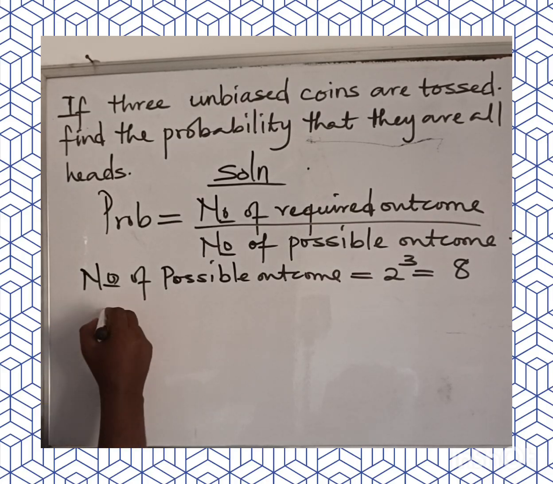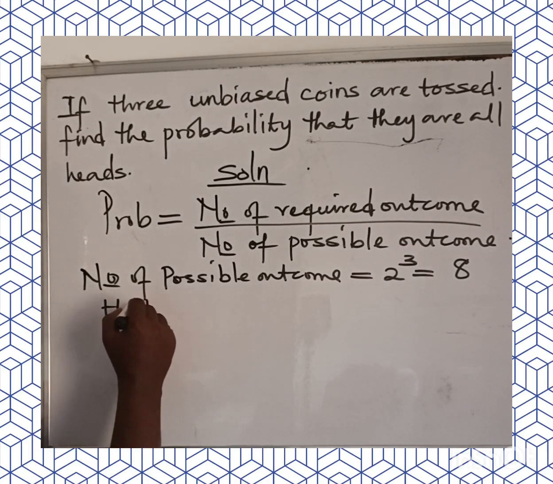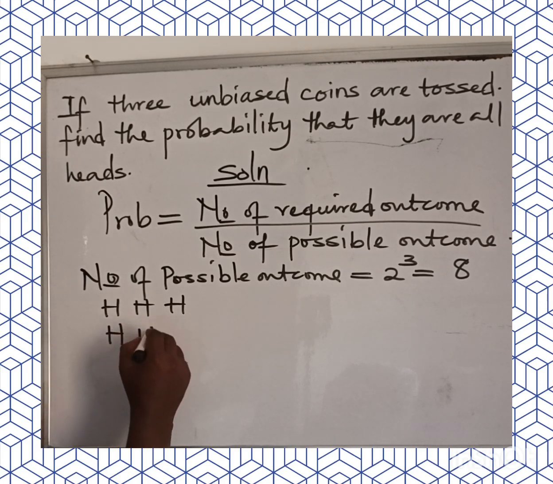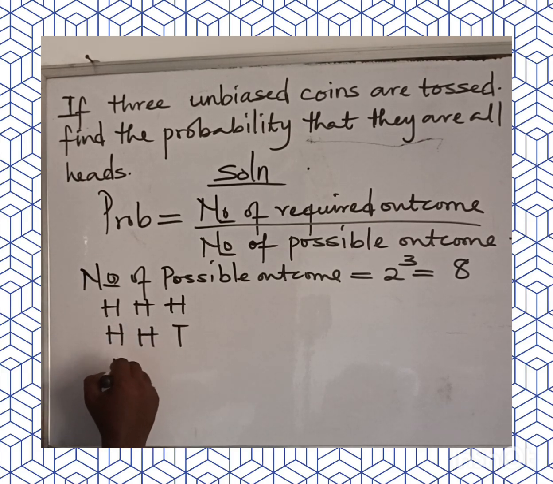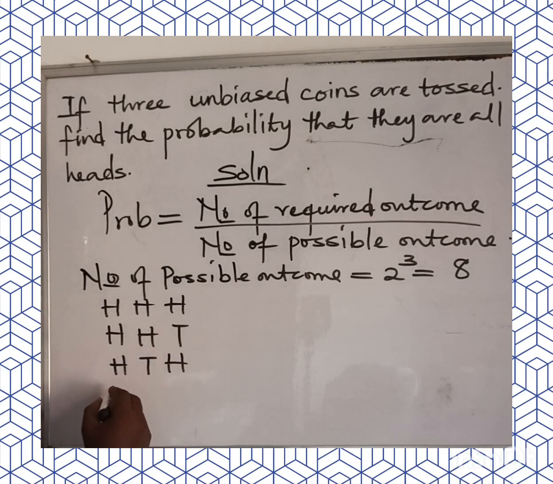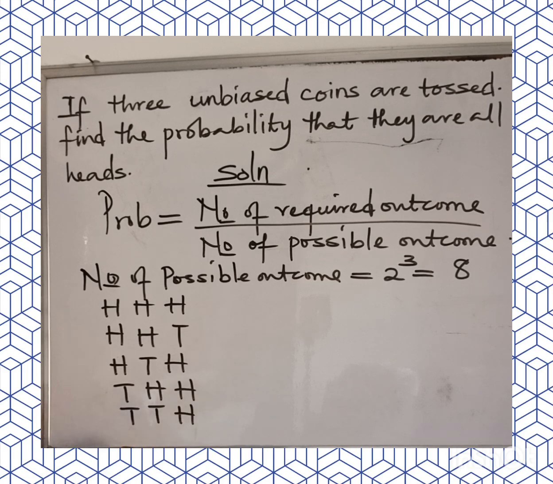Let's start from head. We can have HHH, HHT, HTH, THH, THT, TTH, TTT.